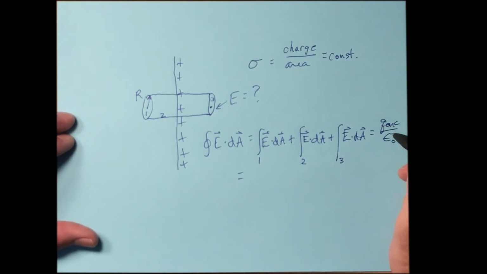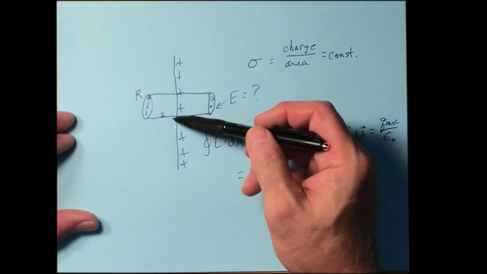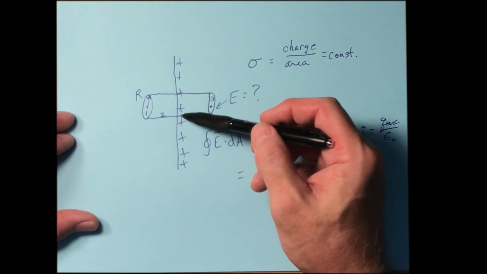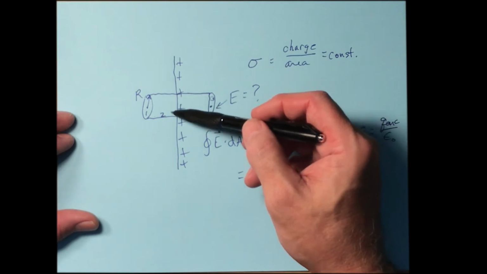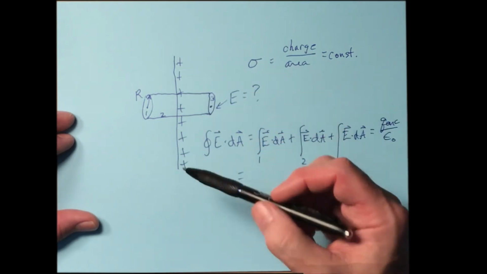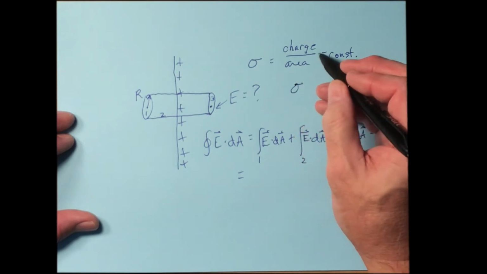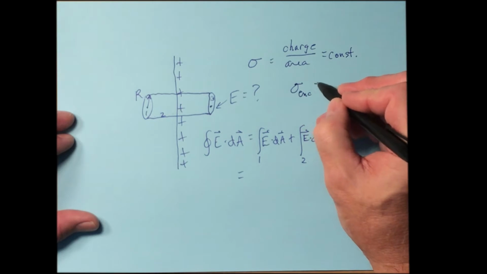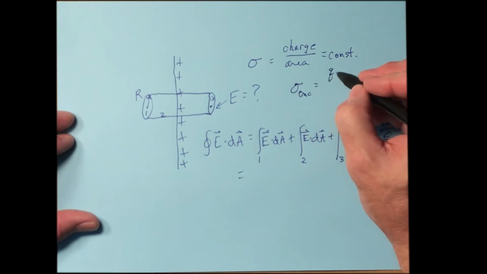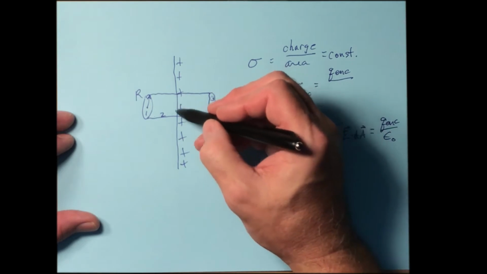Let's do the right-hand portion here because I think that will be easier. The area that's enclosed inside my Gaussian surface is just this circular area of my thick conductor, and sigma is the same at every point. So sigma is going to be the charge that's enclosed divided by the area that's enclosed.